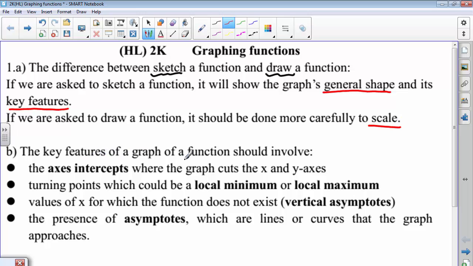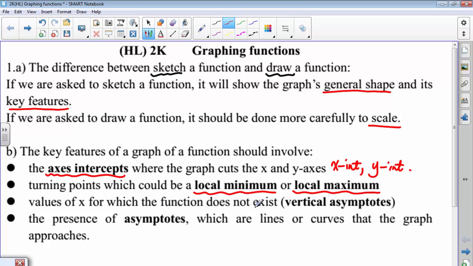The key features of a graph of a function should involve: the first one is the axes intercepts, including x-intercept, y-intercepts. Turning points, which could be a local minimum or local maximum. Values of x for which the function does not exist.